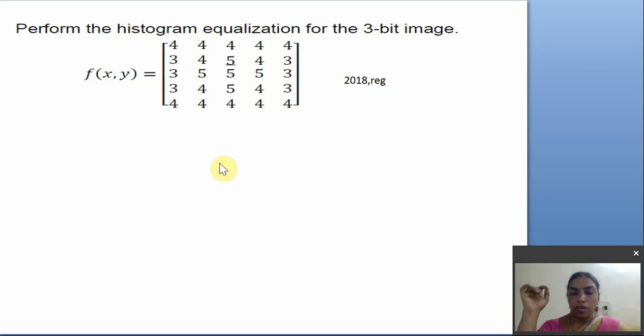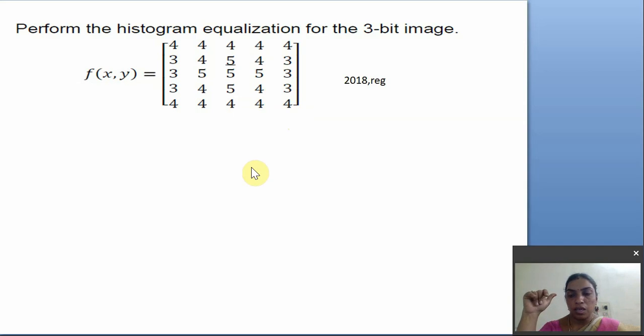After that, with RK and NK, add the third column, PR of RK. For PR of RK you need the total number of pixels. Counting 1, 2, 3, 4, 5, this is a 5 by 5 image, so 25 pixels are there. Divide each value by 25 and you get the third column.